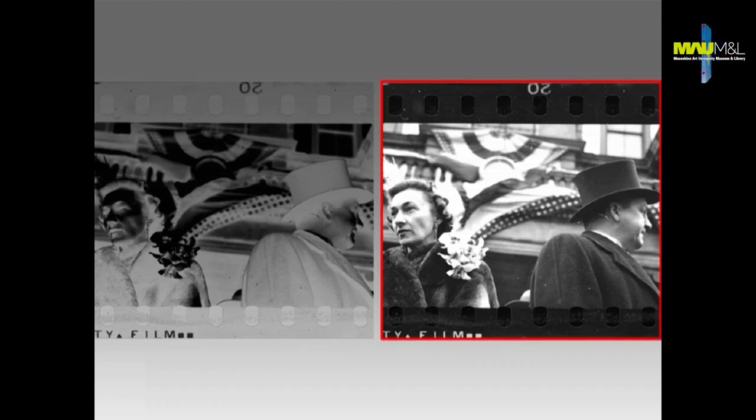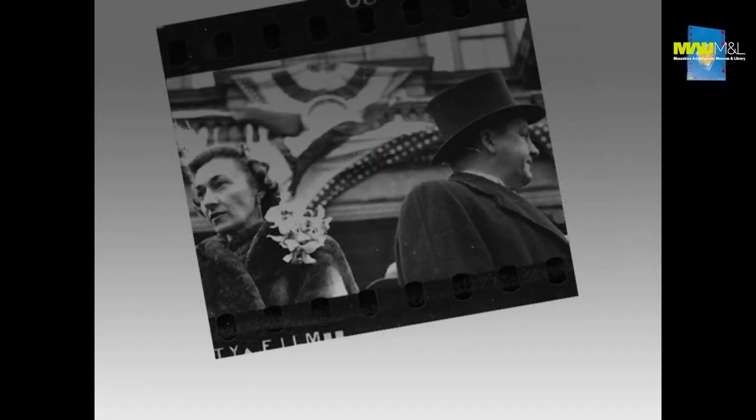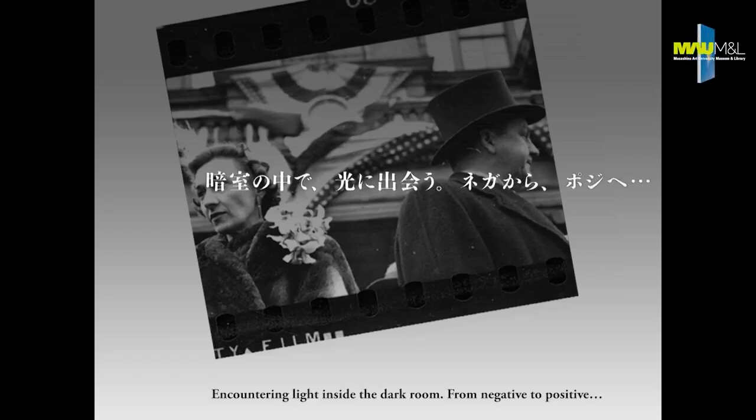And in order to do such chemical work, it was necessary to work in a dark room with only an orange lamp on. Encountering light in the dark room, turning from negative to positive. This was the fundamental process for developing images.